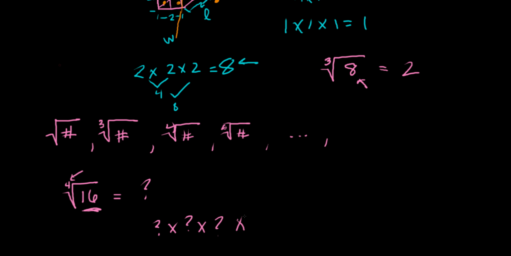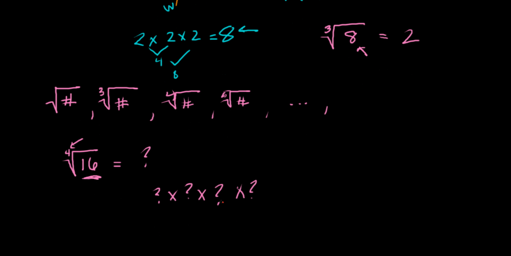So that's what you want to figure out. And if you practice for a little bit and you think about it, you'll find out that the 4th root of 16 happens to be 2.